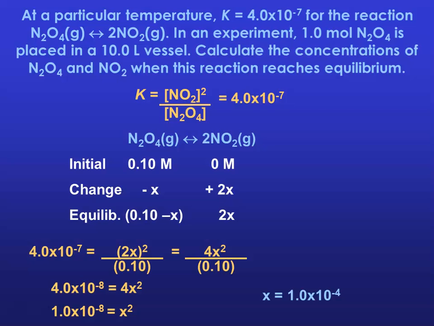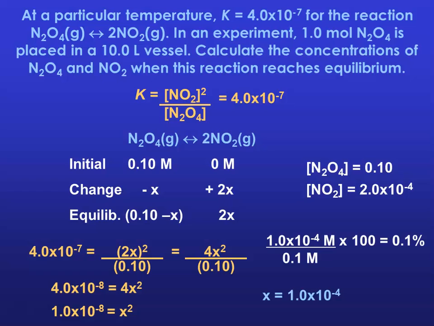We can again verify that our assumption was a reasonable assumption to make by using a 5% rule. So there's just me substituting in the value of X for N2O4 and NO2's concentrations at equilibrium. I take the value of my X, how much the concentration of N2O4 should have changed by, and I divide it by its initial concentration.